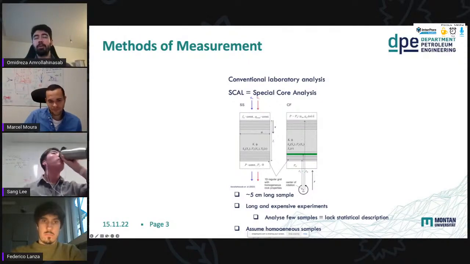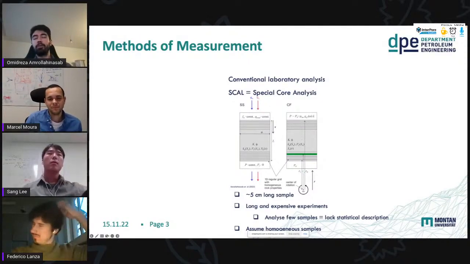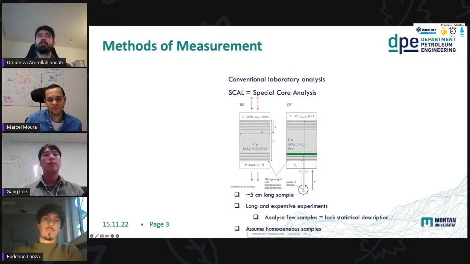where you inject the core with two phases at different fractional flows, and then measure the production or saturation and the pressure to calculate the relative permeability, and a centrifuge, in which you rotate the sample at different rotation speeds to calculate the capillary pressure for your sample.